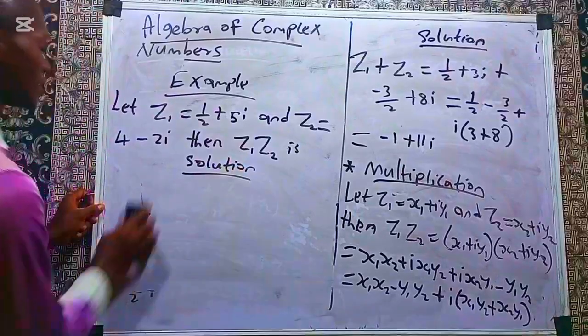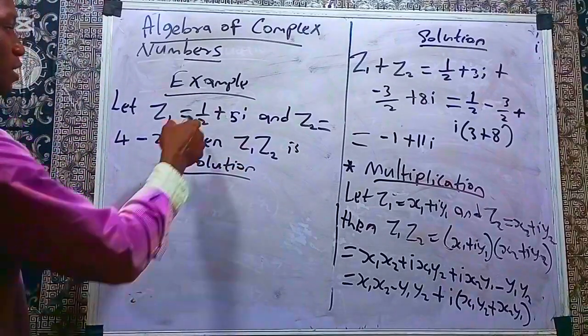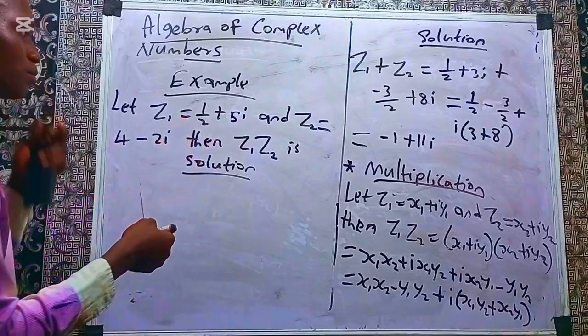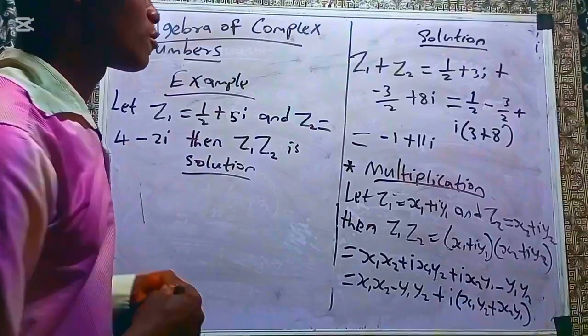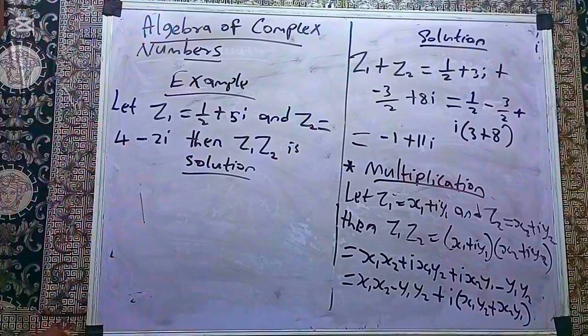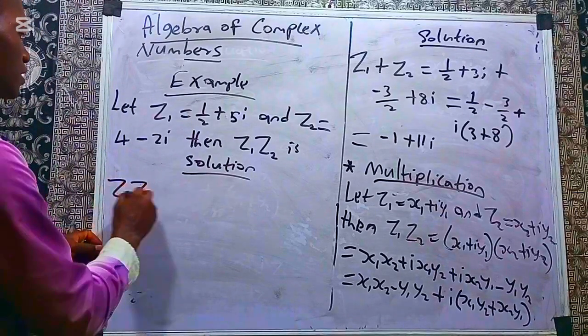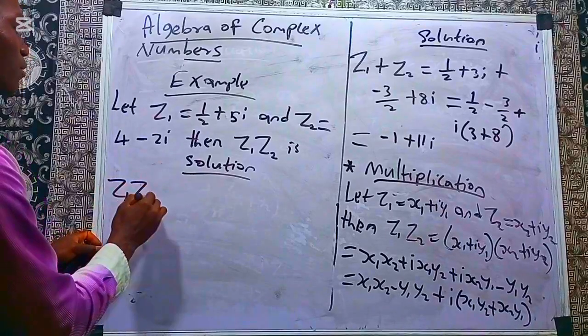So we want to multiply these two complex numbers. The first complex number is 1 over 2 plus 5i, and the second complex number is 4 minus 2i. We want to find z1 z2. Now z1 z2 means multiplying the two complex numbers.